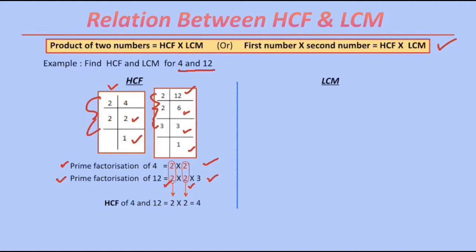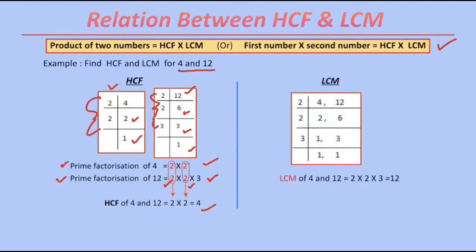According to the formula, HCF is equal to the product of the common prime factors. We have to multiply the common prime factors of 4 and 12. Here 2 into 2 you will get 4. HCF is 4.